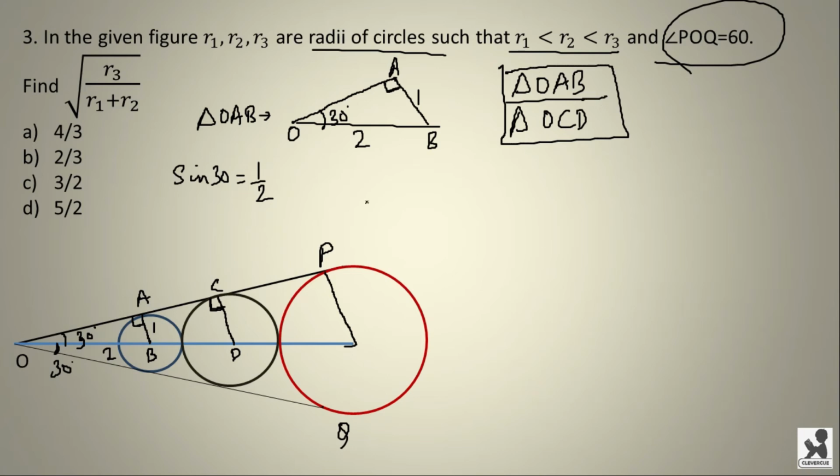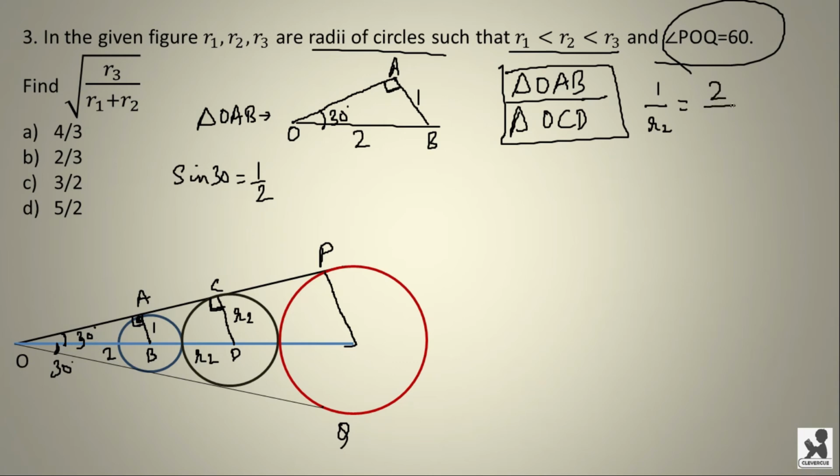Now let us apply the concept of similarity. The side opposite to 30 degrees in the smaller triangle is AB, that is 1. And here let us assume the radius as x, or it is R2. So 1 divided by R2 is equal to, now consider the side opposite to 90 degrees, that is 2 in the smaller triangle.